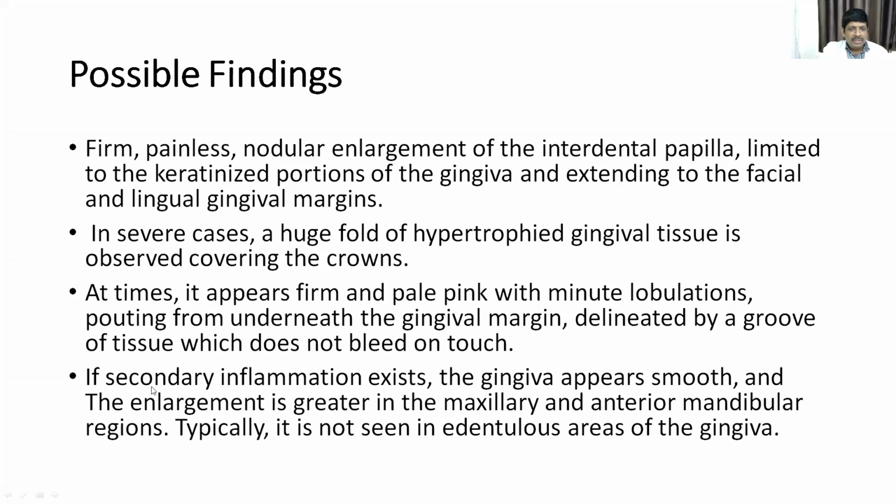If there is secondary inflammation, then the gingiva appears smooth, and the enlargement is greater in the maxillary and anterior mandibular region. So you can just mark the location, maxillary and anterior mandibular region. Typically, it is not seen in edentulous areas of gingiva.